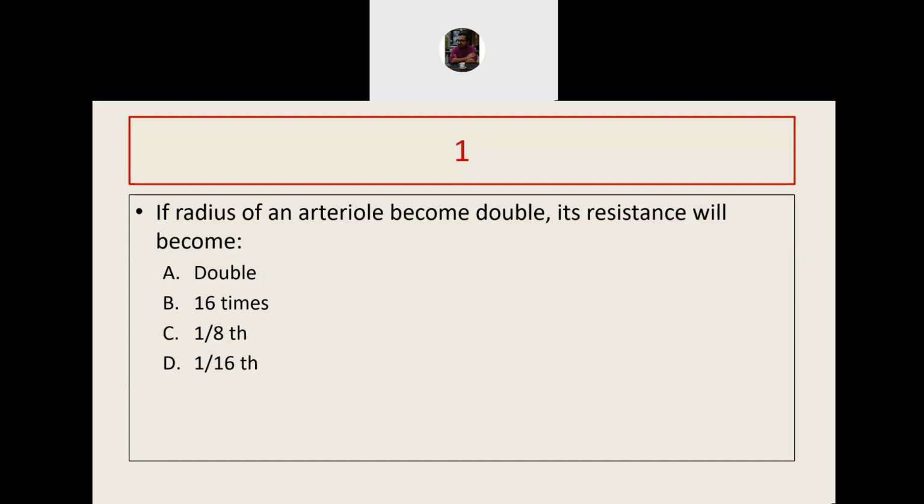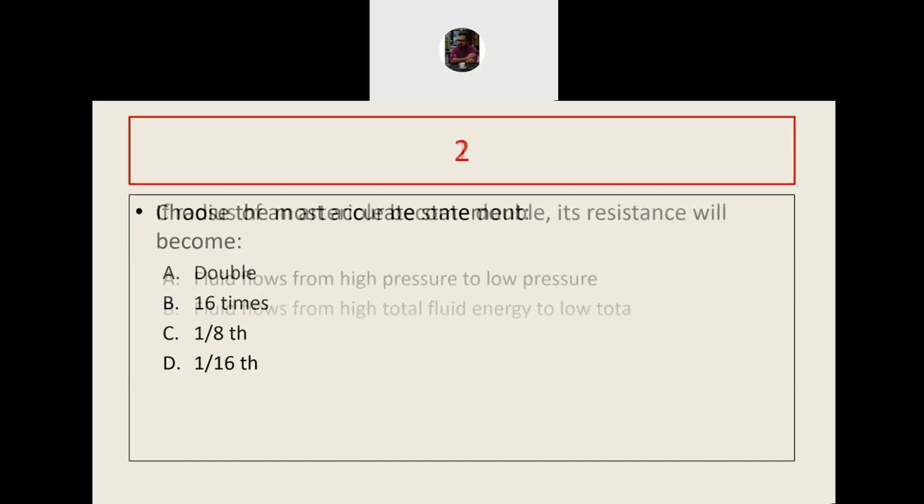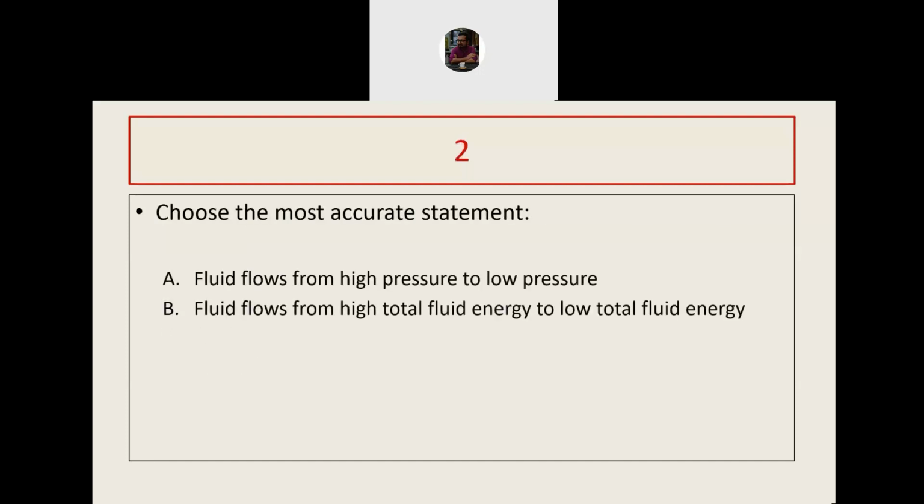The answer will be D, 1/16. Next question. Which is the most accurate statement? Wonderful. The statement is B.